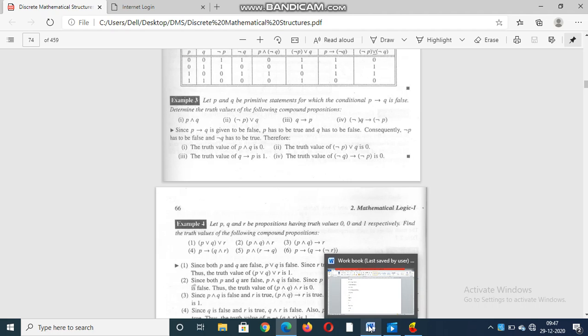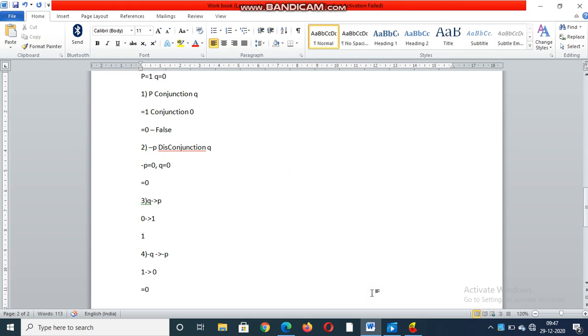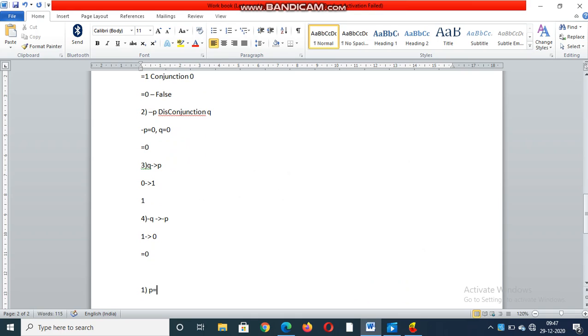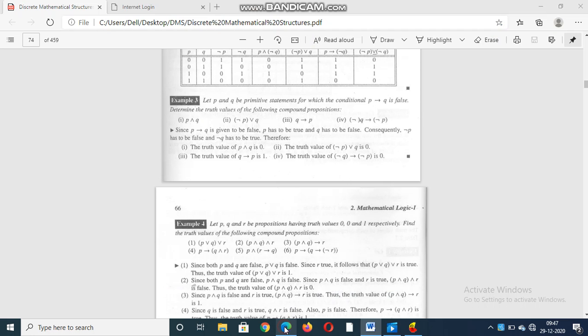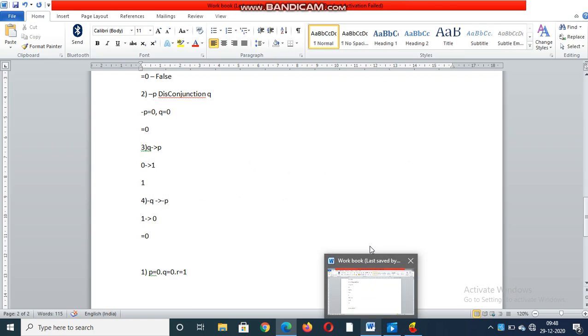So you observe here P, Q, R. P is equal to 0, Q is equal to 0, R is equal to 1. Like that they given. In that one, P disjunction Q whole disjunction R.